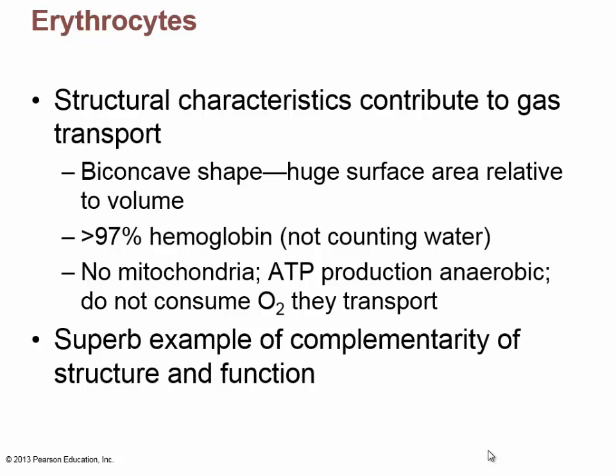You wouldn't be a very good pizza delivery guy if you consumed all the pizza while you were delivering it. Same thing. Red blood cells don't want to consume the oxygen they're transporting, so any ATP they make is anaerobic. They don't have any mitochondria because they don't need them. It's a nice example of the complementarity of structure and function. How that red blood cell is structured is perfect for its function. It's a very efficient oxygen and carbon dioxide carrier.